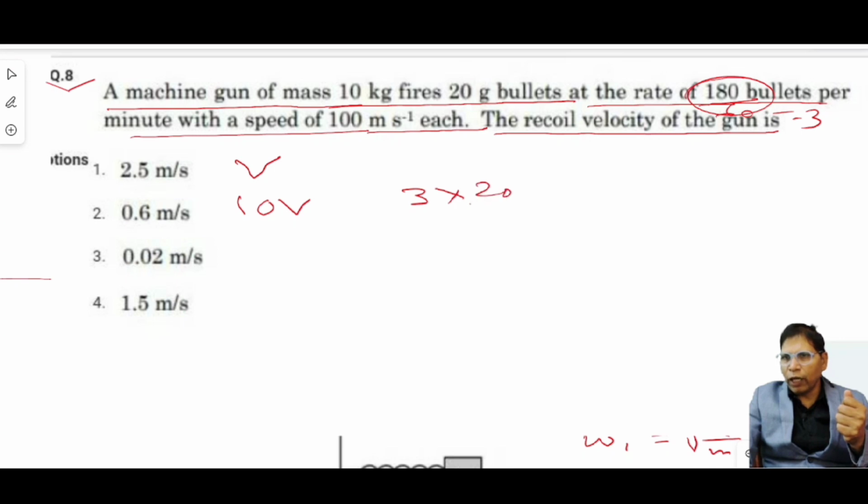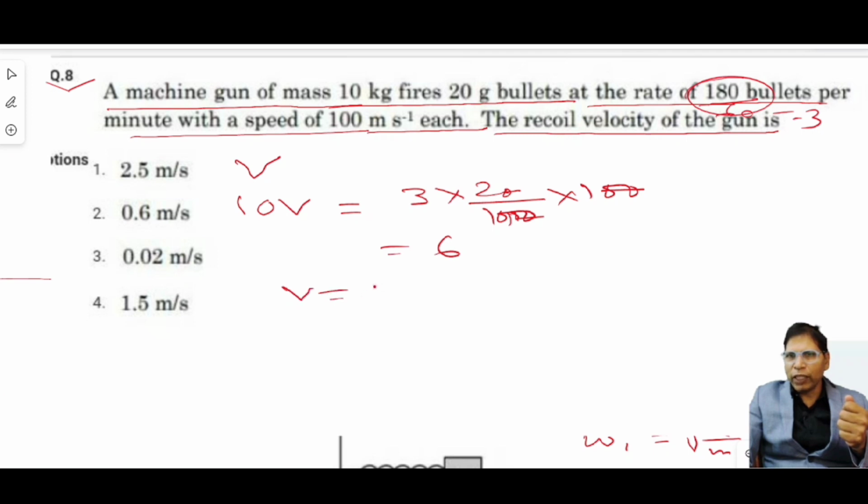Mass is 20 gram, so gram should be converted into kg, and velocity is 100. So the momentum of the gun is equal to the momentum of the 3 bullets fired per second. Now this and this cancel out, this and this cancel out. So this is 6. Therefore V equals 0.6 is the answer. Now option 2 is correct. Okay, next.